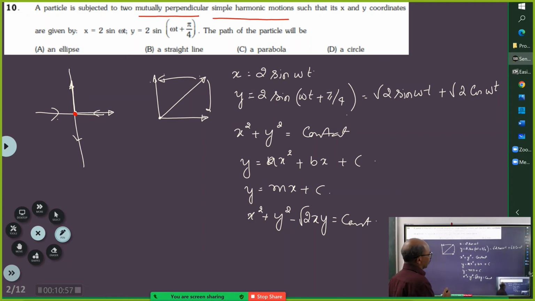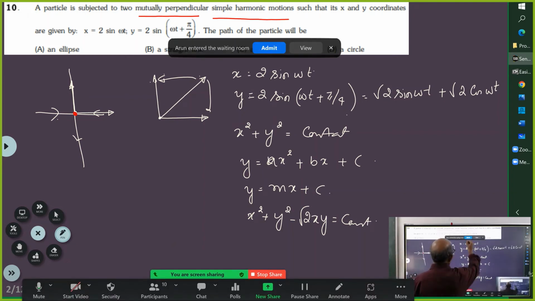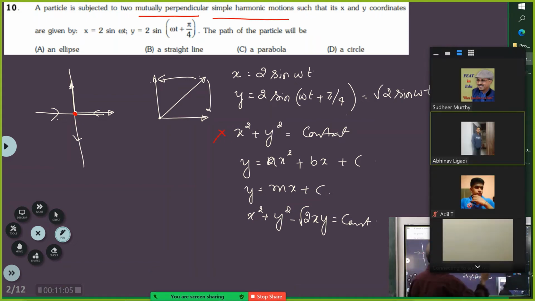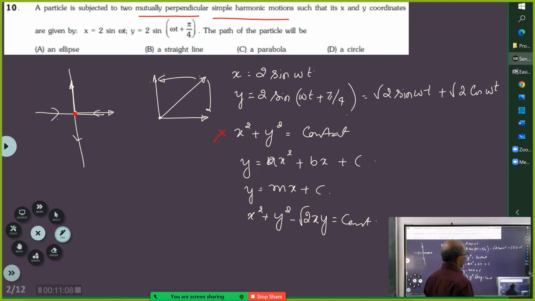And now if you see, x square plus y square must be constant, I don't see that happening. And we can further simplify it, sir. Further simplify in what way? Sir, you can write it as 2 sin omega t by root 2. What will you get? Okay, 2 sin omega t I am writing as x.